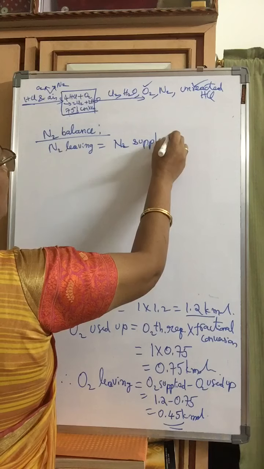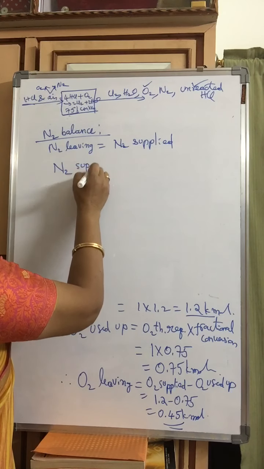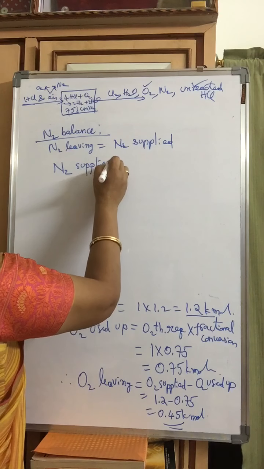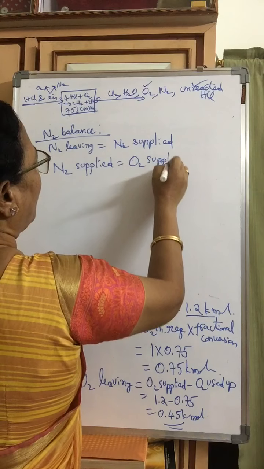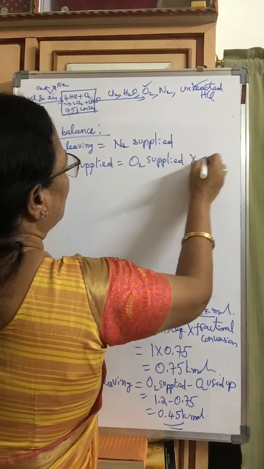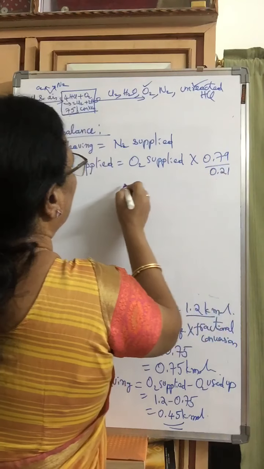How do we calculate nitrogen supplied? Nitrogen supplied is equal to oxygen supplied into 0.79 by 0.21.